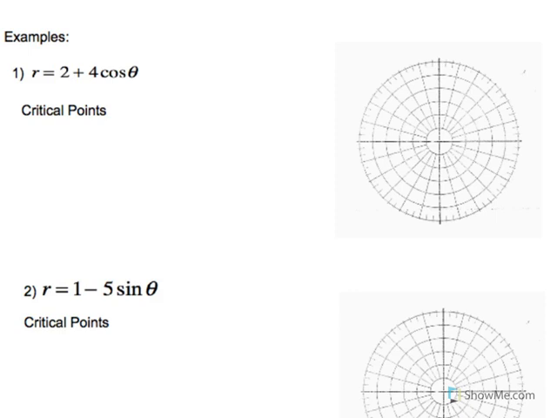2 plus 4 cosine theta. So this is going to be horizontal. Again, if you quickly check b minus a here, and you do 4 minus 2, before you do anything so that you know what kind of critical points, you get a positive 2, so that means you're going to have a loop. So you're going to have 0, 0.